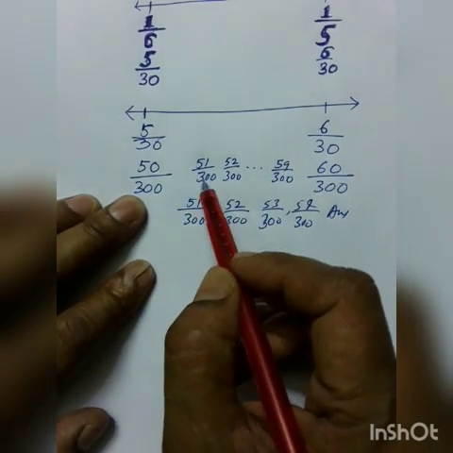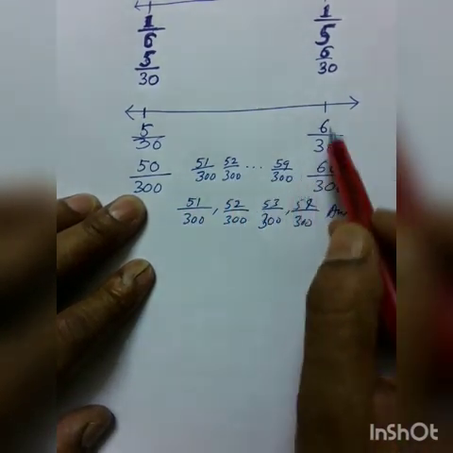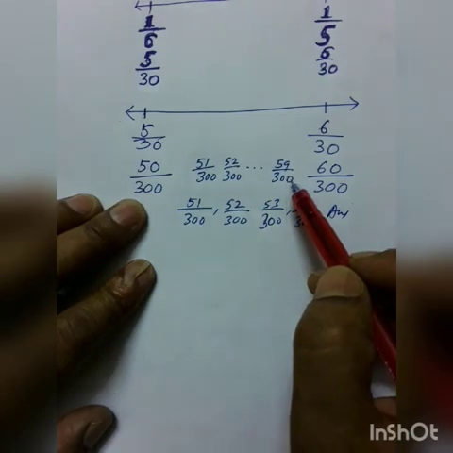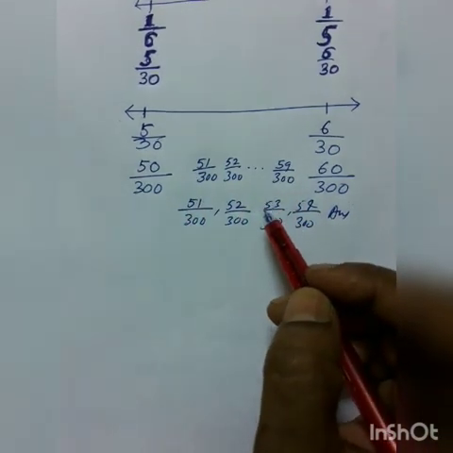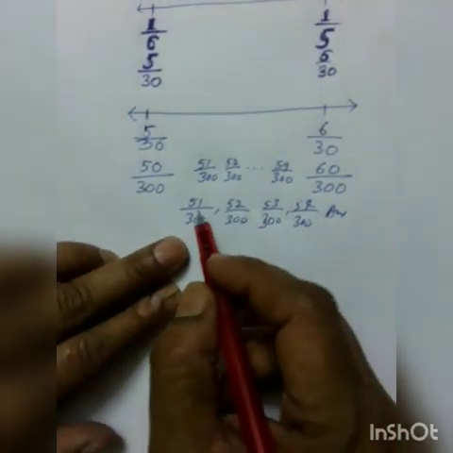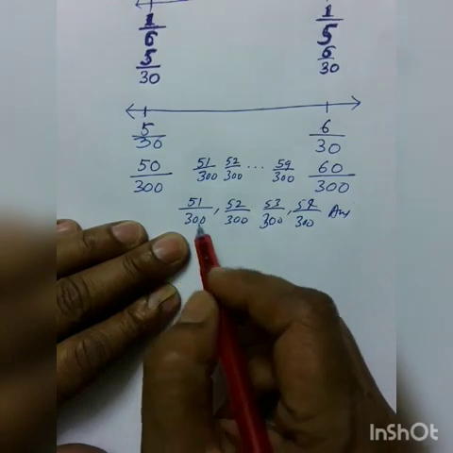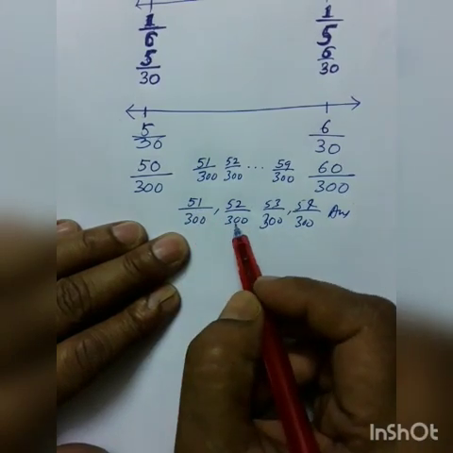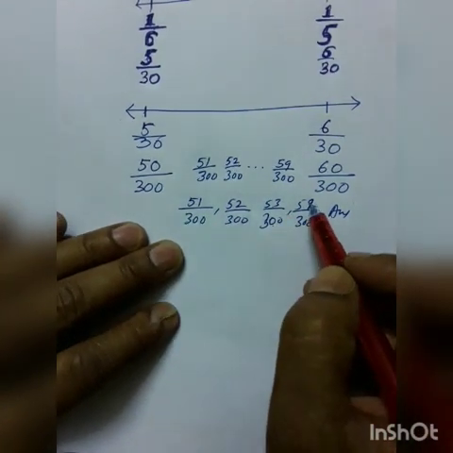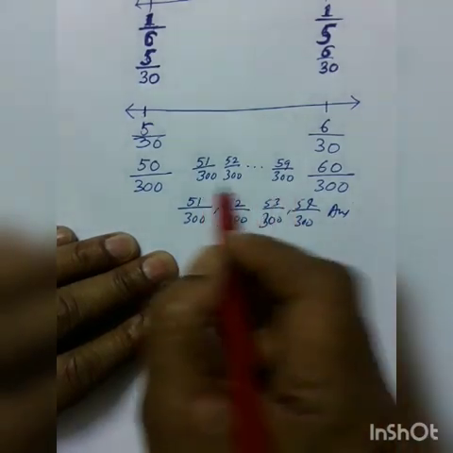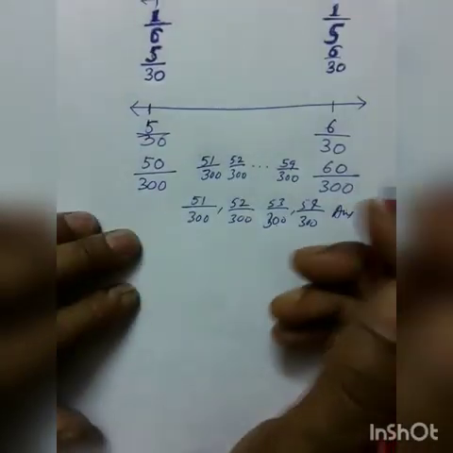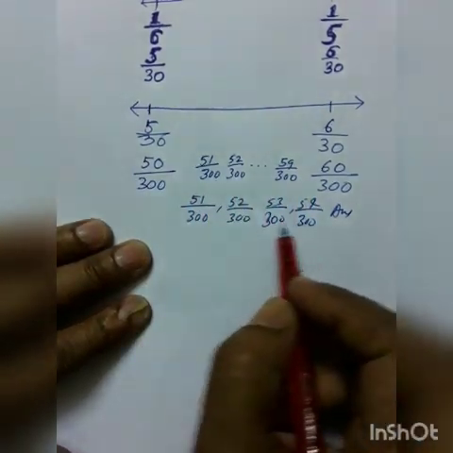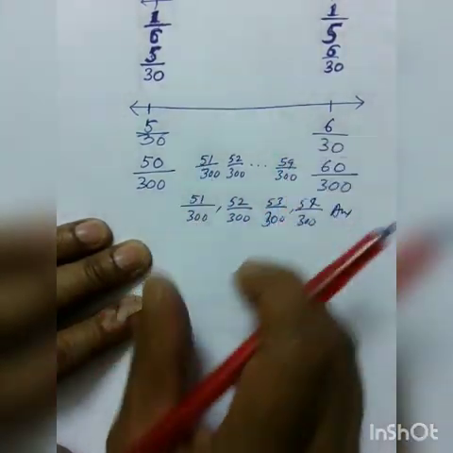See, 51 by 300, 52 by 300, up to 59 by 300, and out of these you can select any 4 rational numbers as given in the question. I have selected here 51 by 300, 52 by 300, 53 by 300, 54 by 300. You can select any 4. Like this you will get the answer.